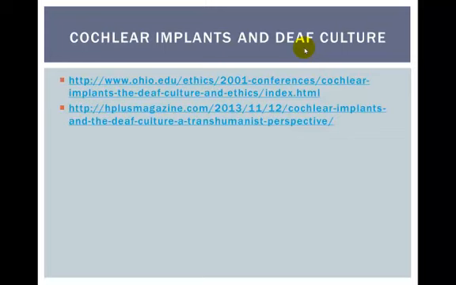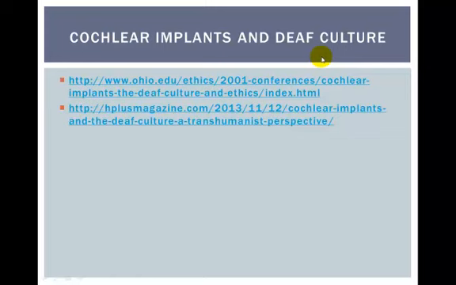But how they feel that is, if an individual is born deaf or becomes deafened, that is part of who they are, right? Like the texture of your hair, the color of your skin, the color of your eyes. Are you artistic? It is a characteristic of who you are. And they feel that cochlear implants are taking away that characteristic and that deafness of who they are. So it's been very strong feelings.